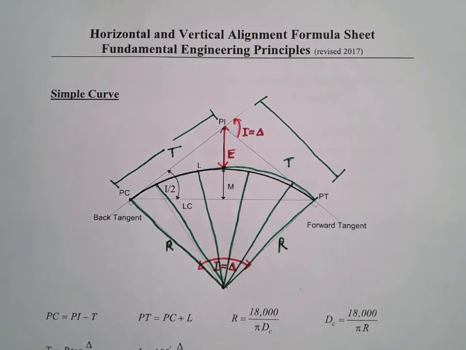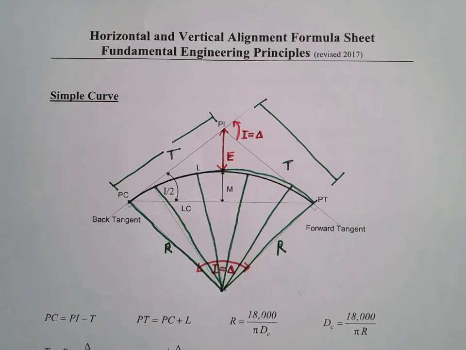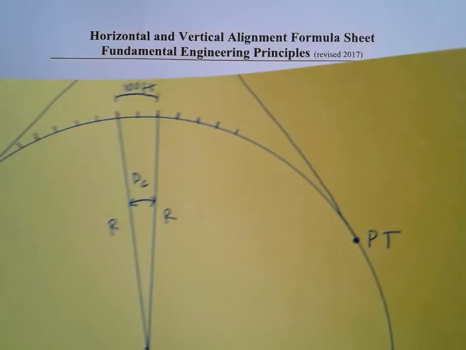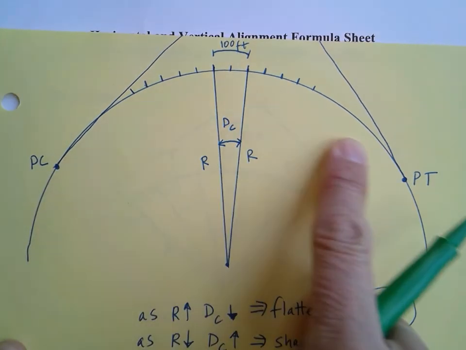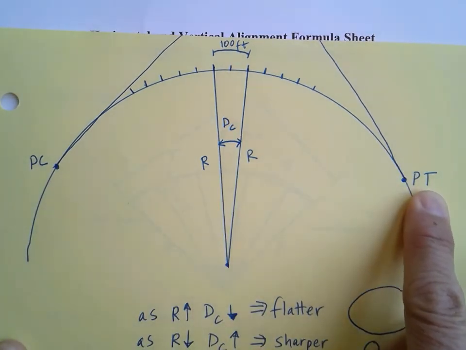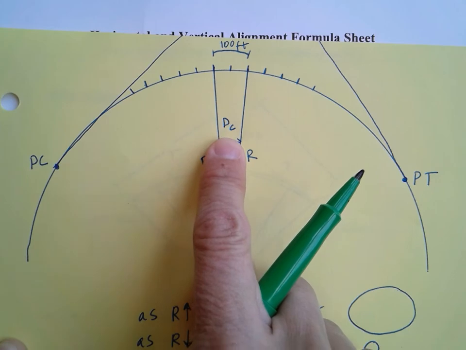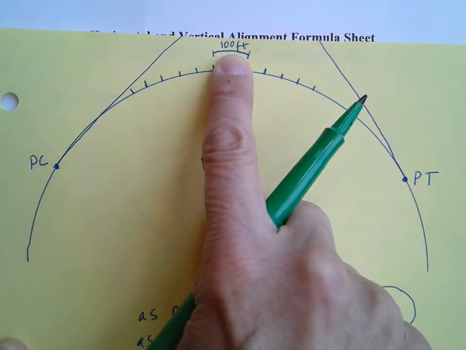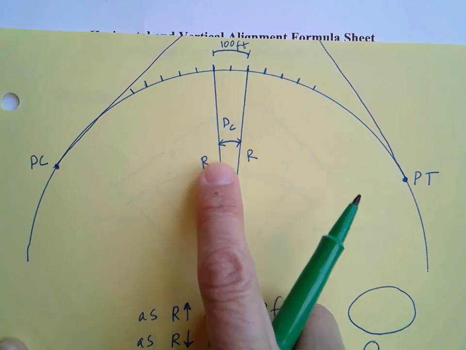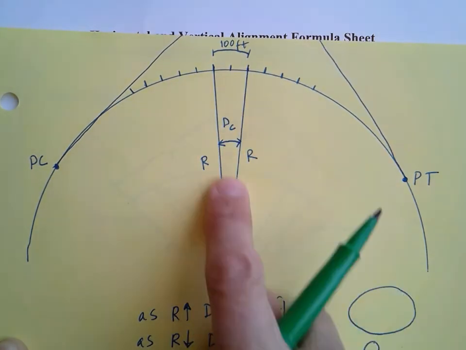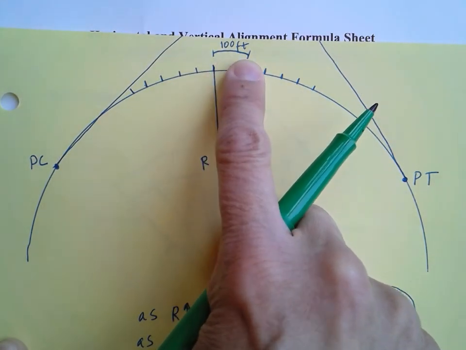And then the last thing we're asked to find is the degree of curvature, which you won't see on this drawing, but if you remember, we talked about how that's defined in highways as an arc definition. Here's your point of curvature and your point of tangency, and your degree of curvature is based on that 100-foot arc distance, and it's the angle that's formed between the 2 radii that have that 100-foot arc distance.